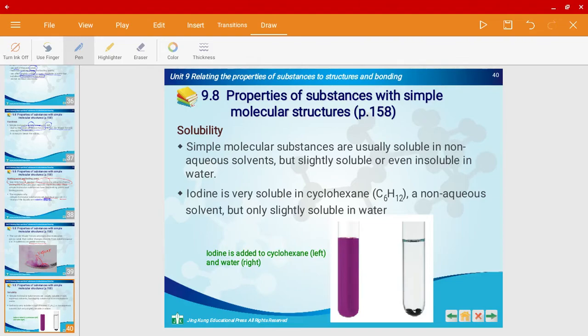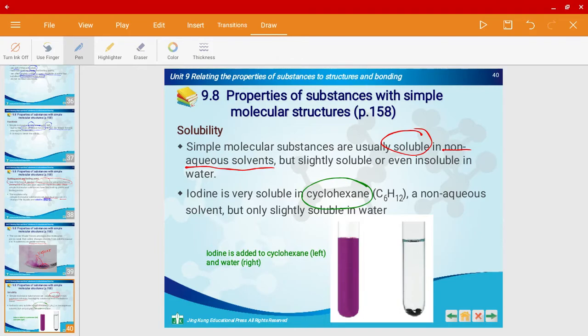So for solubility, as I mentioned earlier, simple molecular substances are usually soluble in non-aqueous solvents. So what does non-aqueous mean? Just by the name, you can guess that it is something that does not have water in it. One example is cyclohexane. Cyclohexane is an organic solvent, so it's a non-aqueous solvent.